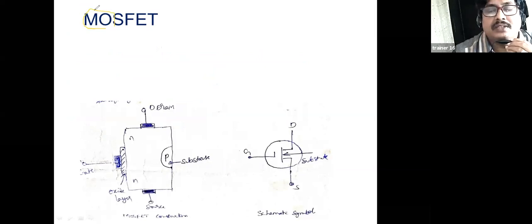This metal oxide in the MOSFET is silicon dioxide. We are using silicon dioxide, SiO2, in this MOSFET. S is for semiconductor, and it is a field effect transistor. The MOSFET is a metal oxide semiconductor field effect transistor.